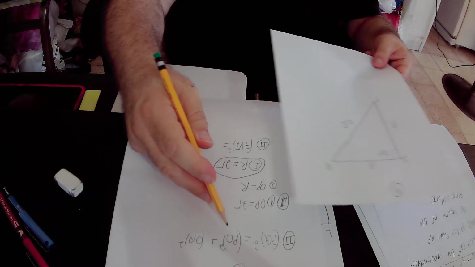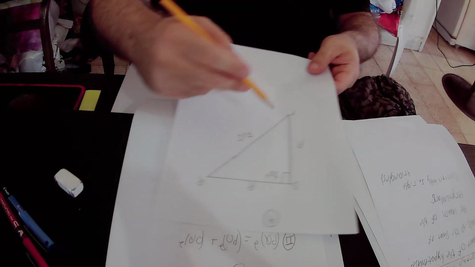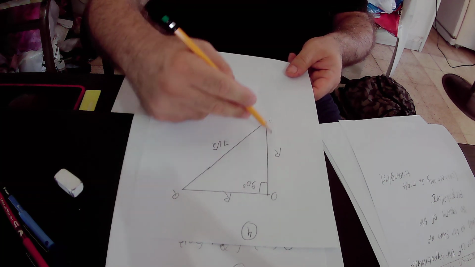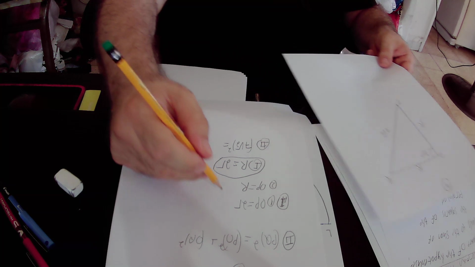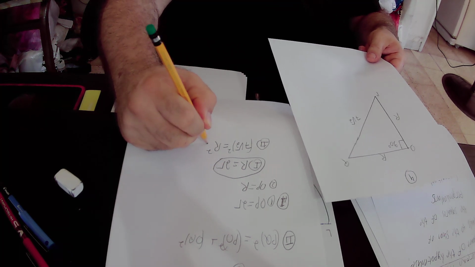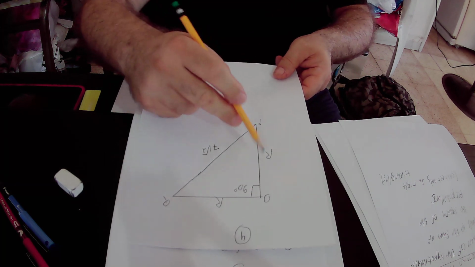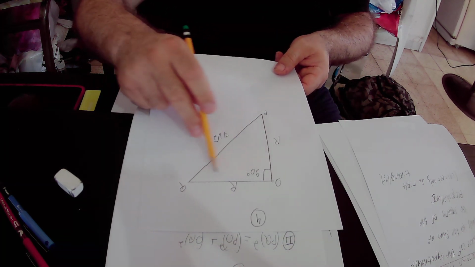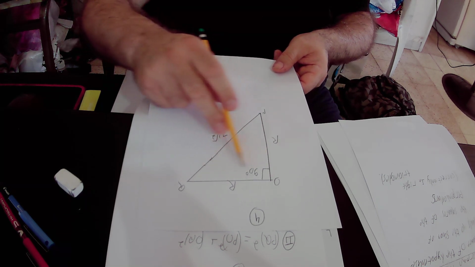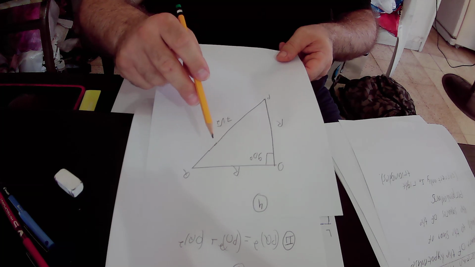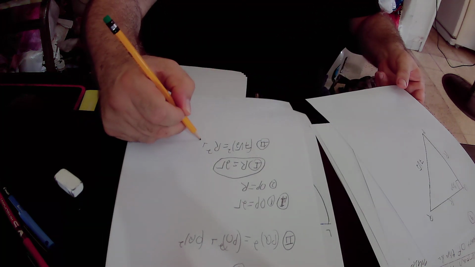That equals PO square. PO is R. So PO square is R square plus OQ square. OQ equals R. So OQ square equals R square.